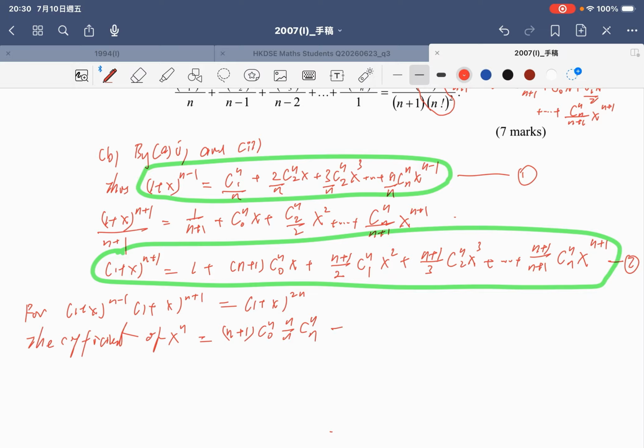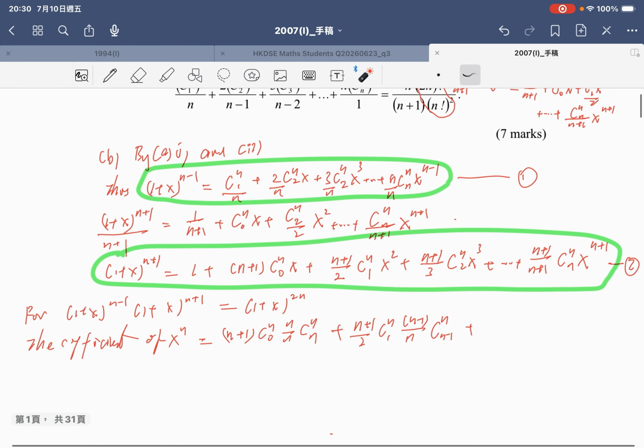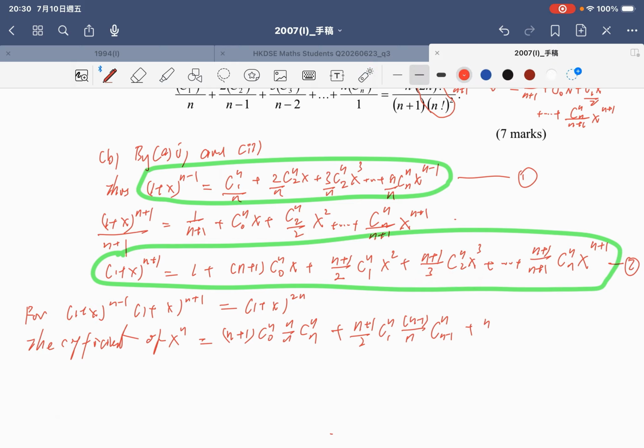This is the first term. And the second term, this one times the previous term of this one: (n plus 1) over 2 nC1, and the previous term is (n minus 1) over n nC(n minus 1). And for this term, (n plus 1) over 3 nC2, and for the previous term, (n minus 2) over n nC(n minus 2).